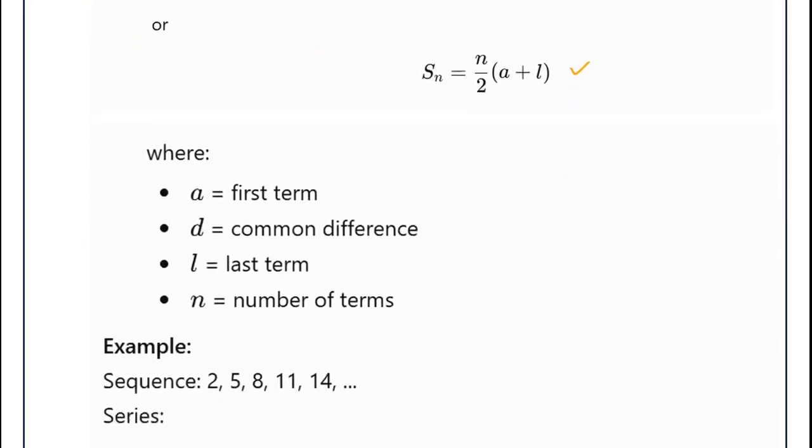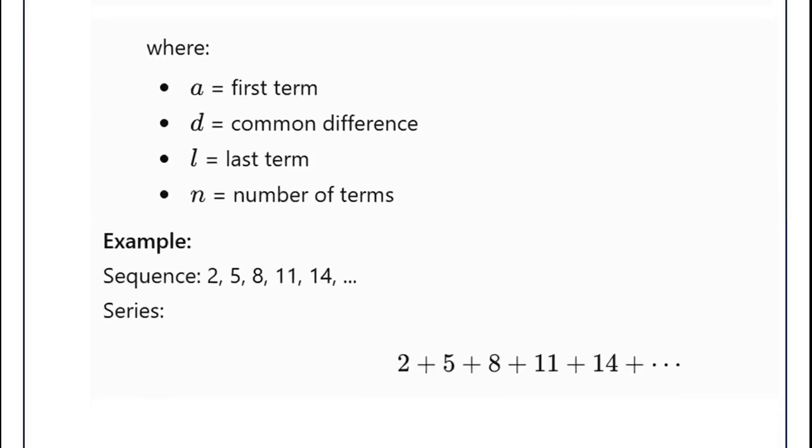And this is the definition of terms. a is the first term. Remember, under sequences, we were saying u1 is the first term, right? Yes. And still in this case, we shall say u1 is the first term, and u1 is the same as a, which is the first term.